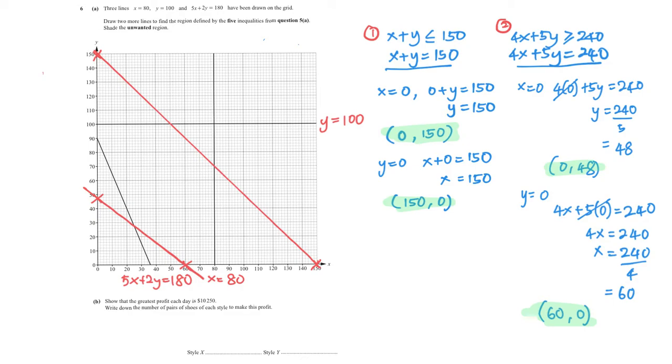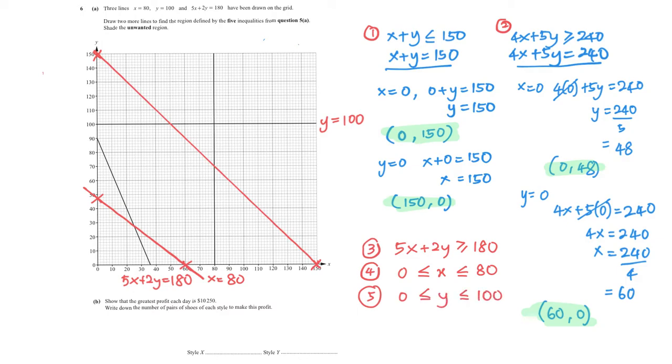The third one I would say will be 5x plus 2y greater than or equal to 180. And the fourth one will be x, from 0, must be 80 maximum. And the fifth one will be y, from 0, 100 maximum.